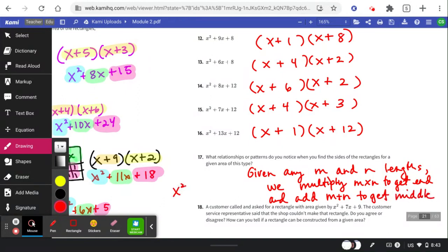So I like to call this the product and the sum.